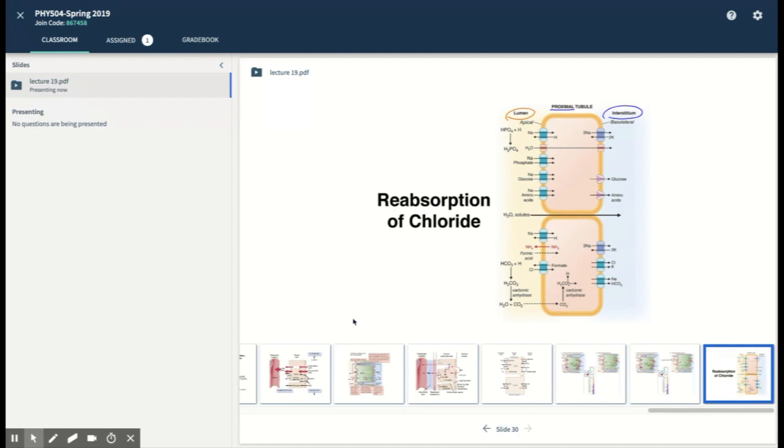Where's chloride coming in on the apical side? If we're getting reabsorption, we know it has to come in somewhere. Is it coming in on its own through a channel, or is it coupled? Where? Coupled with what? Formate. Okay. Chloride is coming in down here.